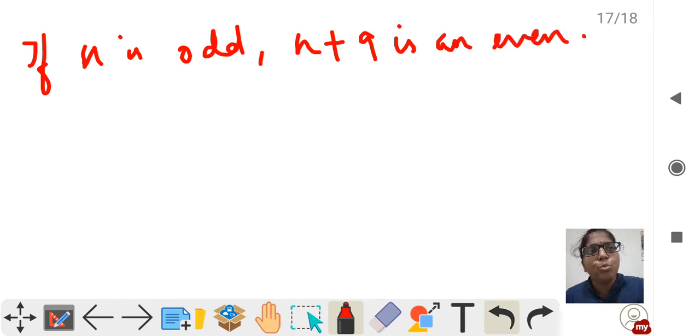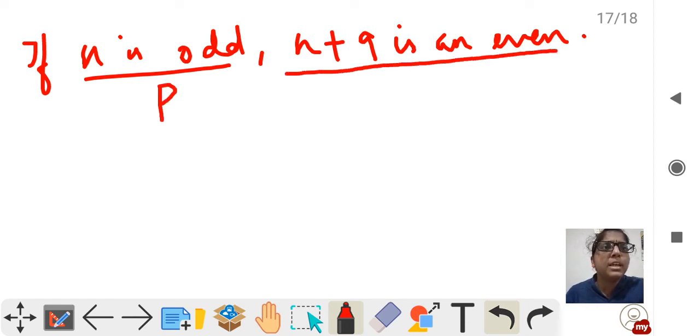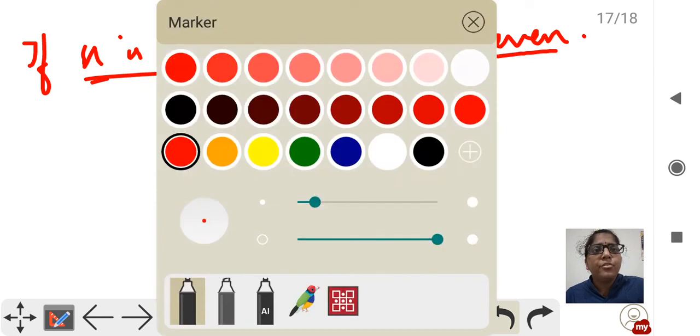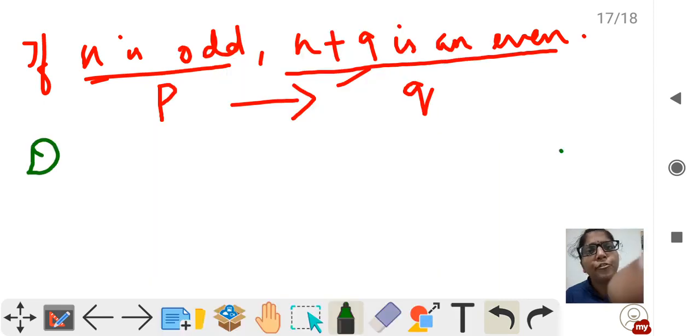We have to prove it. So what is this? If n is odd is p. n plus 9 is even is q. We have to prove p implies q. By taking p, we have to prove q. Okay, so this is the direct proof. The first proof is the direct proof.